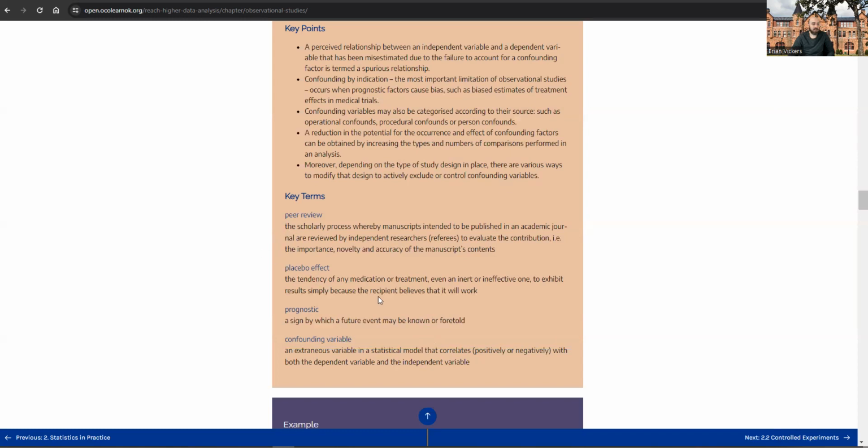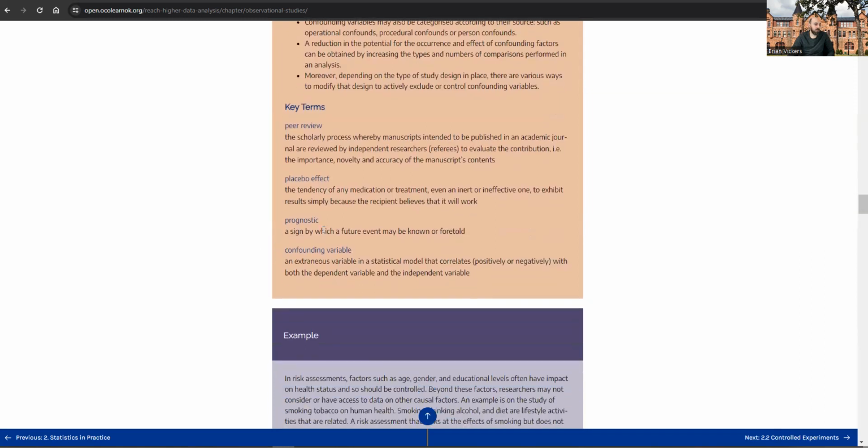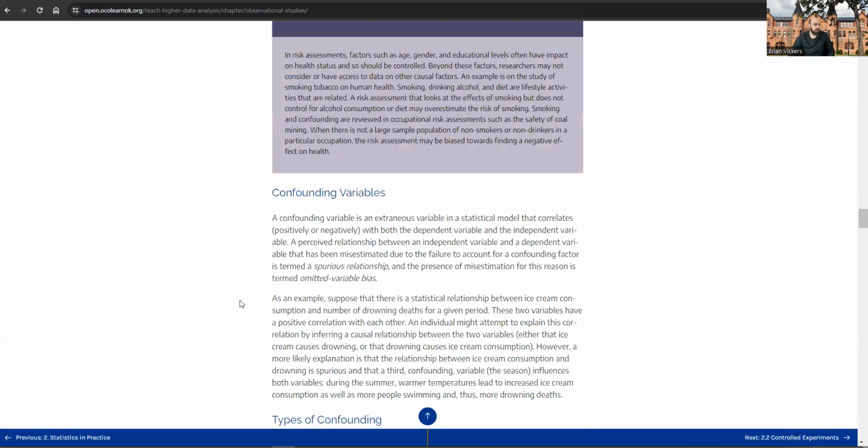Again, placebo effect, we've already gone over. Prognostic, so some kind of indication of something being known in the future, is that term. I think you'll see that again coming up.